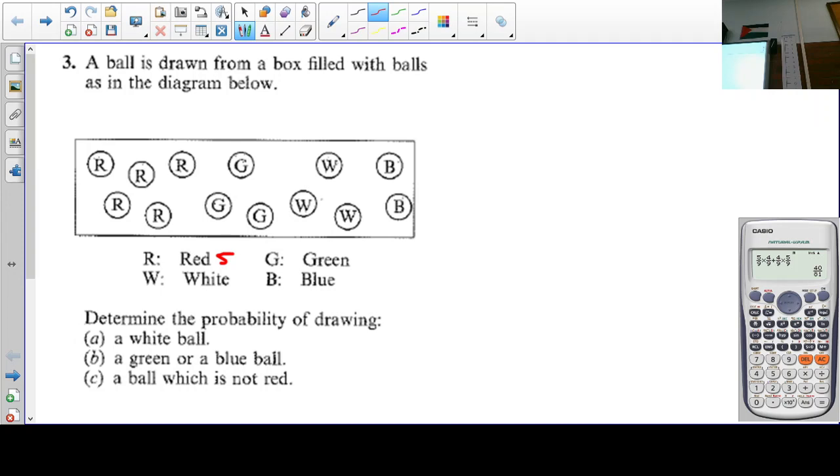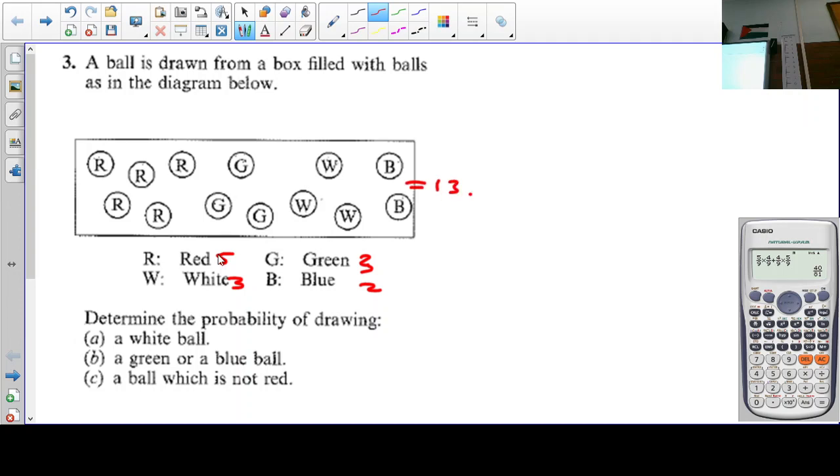There's 3 whites. 3 greens. And 2 blues. So that's 13. Is that correct? So count 13 in the back.